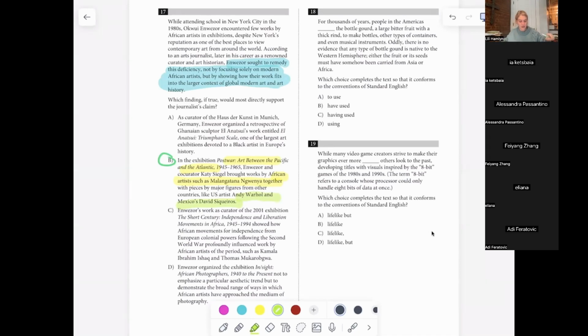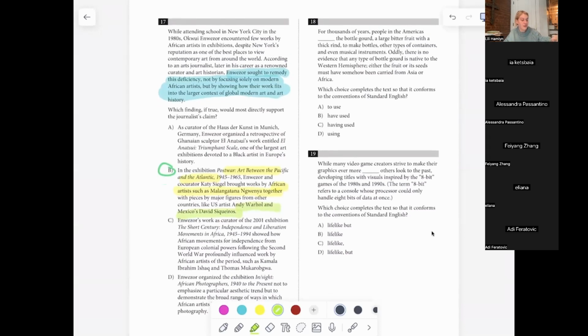Why not A on 17? On this one? Yeah, okay. Because it's not putting the African artist in a larger global context of art and art history.